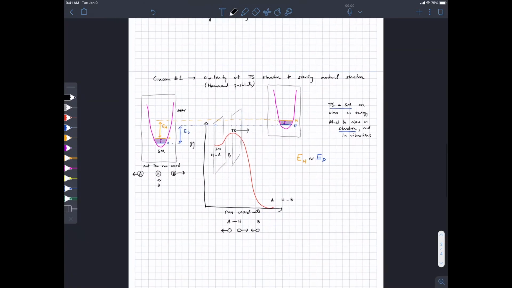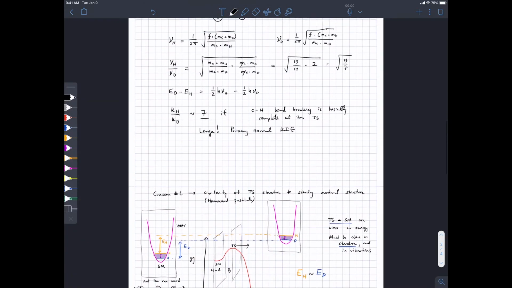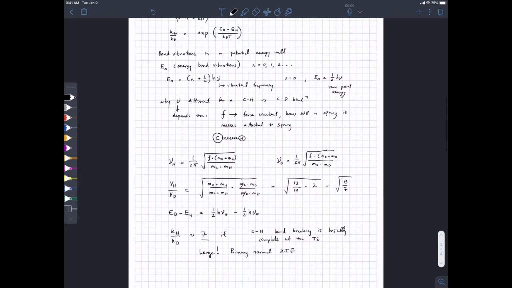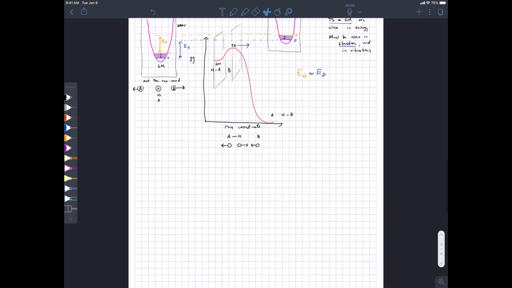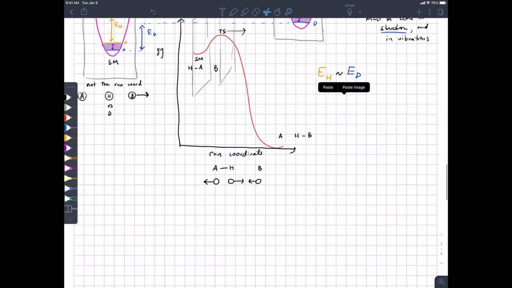Now go back to what we concluded from above. The kinetic isotope effect is equal to, or depends on, the difference between those activation energies. So if those are the same, this goes to 0, and my kinetic isotope effect is what?